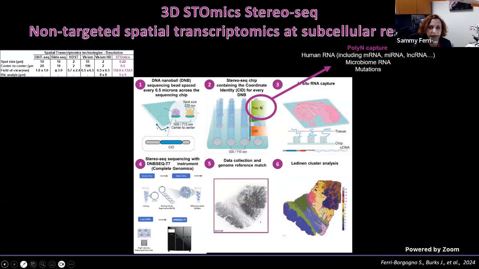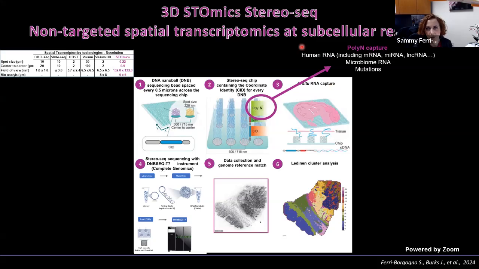Give me a second. Yes, so one thing that I would like to point out is the difference between the Stomics Stereo-seq technology compared to all the other spatial transcriptomics technology available, is that the other technologies utilize a poly-T tail that allows you to capture only poly-A RNA within the tissue, while the Stomics Stereo-seq utilize poly-N.